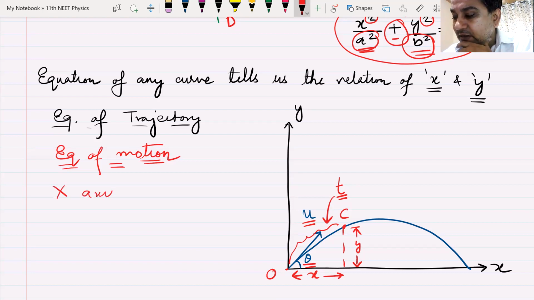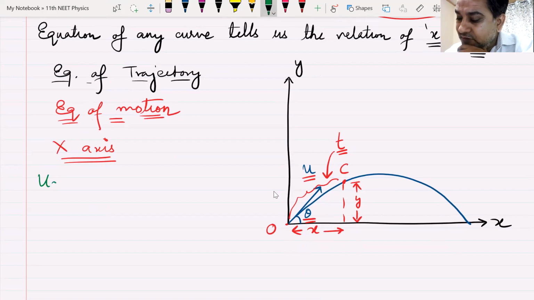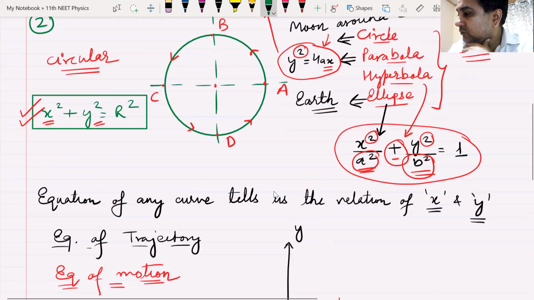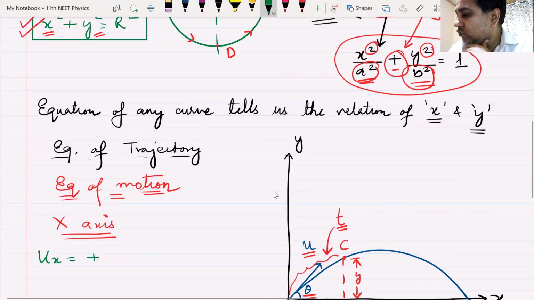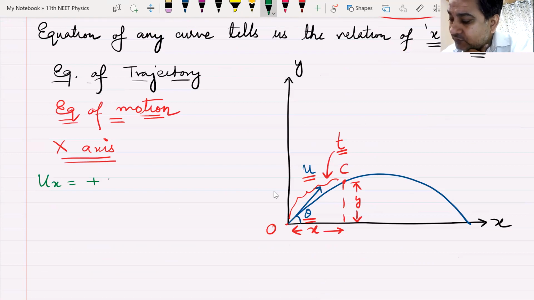I will first apply it along x-axis. What are the things that I know along x-axis? Initial velocity along x is plus u cos theta.